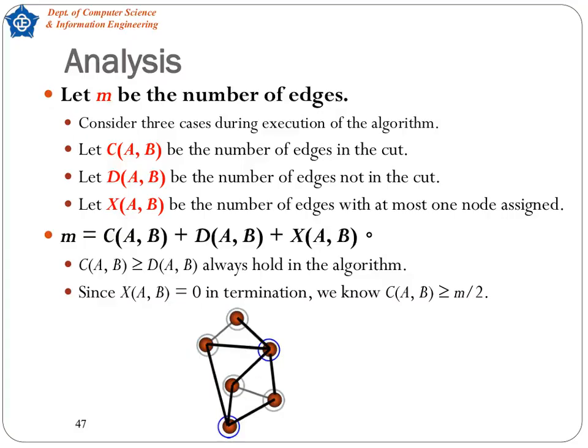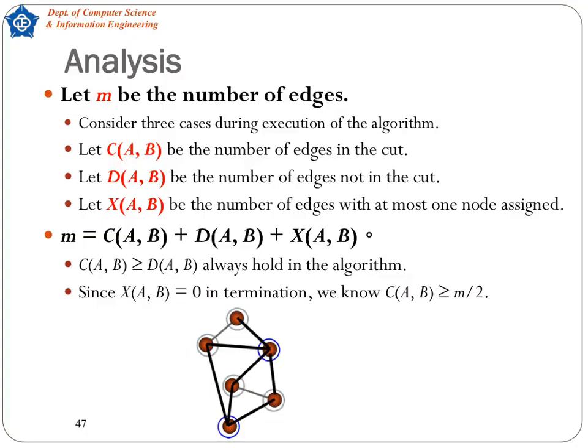plus X(A, B). Now, recall a key property we discussed earlier. C(A, B) is always greater than or equal to D(A, B) throughout the algorithm's execution. What's more, when the algorithm finally terminates, all nodes have been assigned, meaning X(A, B) becomes 0. This leads us to a truly significant conclusion.